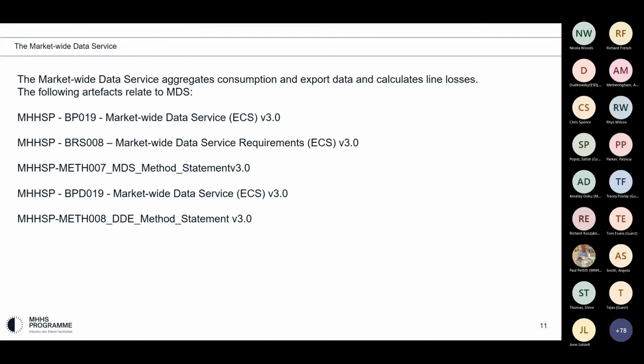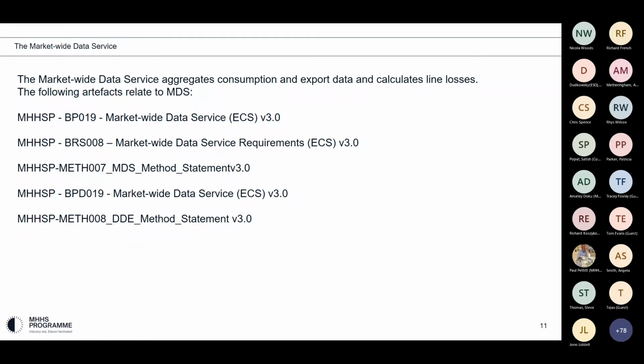It aggregates that in a number of different ways. I guess the main one for the imbalance settlement calculation is adding stuff up by balancing mechanism unit. There it will also apply the losses, so it will apply those line loss factors to those individual consumptions and aggregate those as well.